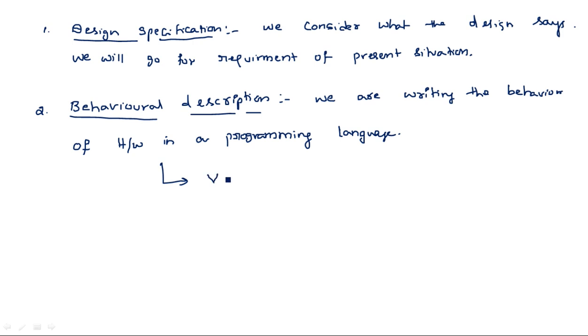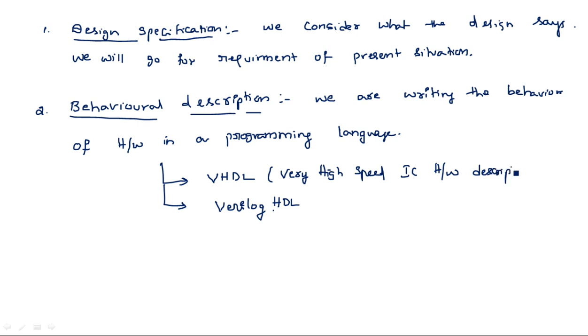For our VLSI, there are two types of programming languages we have. One is VHDL, another one is Verilog. VHDL and Verilog HDL. These are the two programming languages in which we can write our hardware description language.